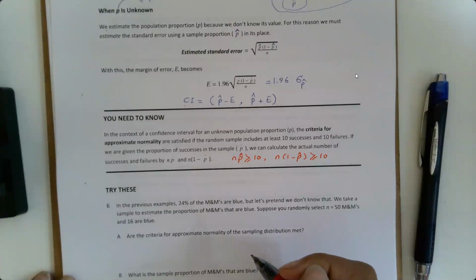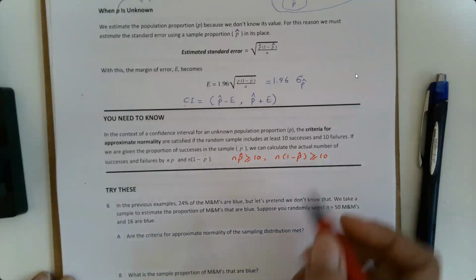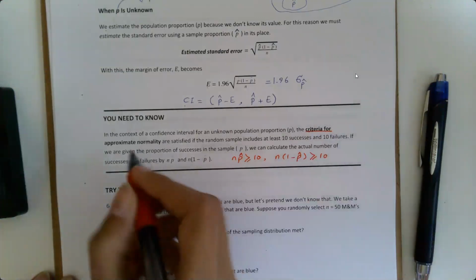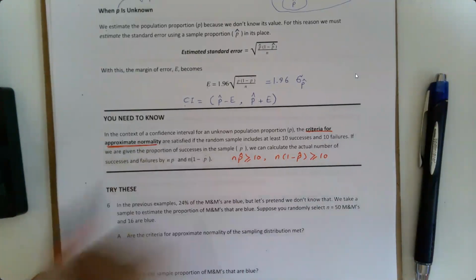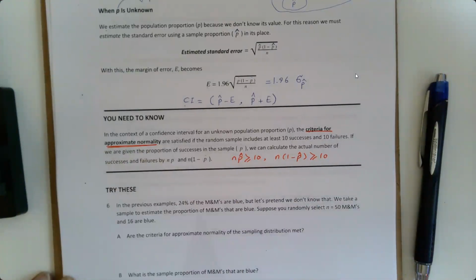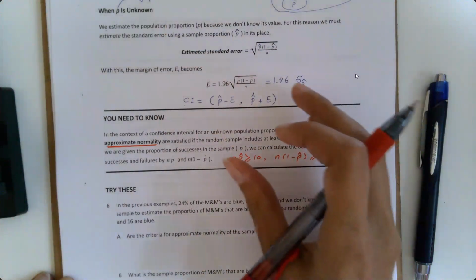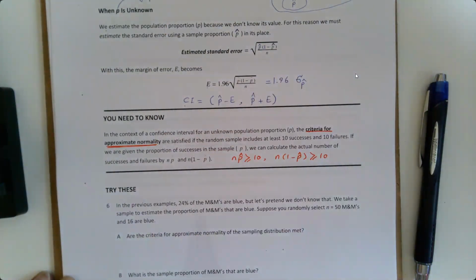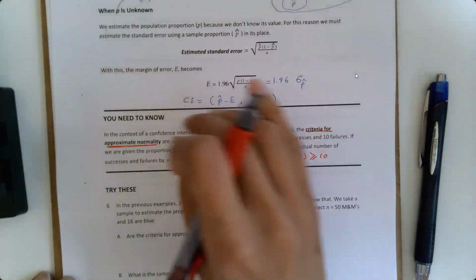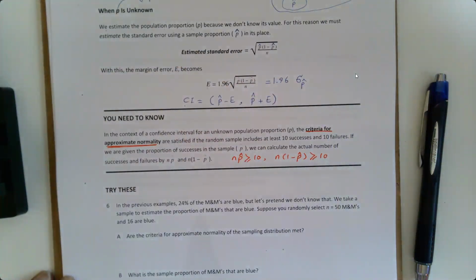So in this case, we say that the criteria for normality is met. Now that we have the criteria for normality, we can find the estimated standard error, the margin of error, and the confidence interval. This is our ultimate goal.